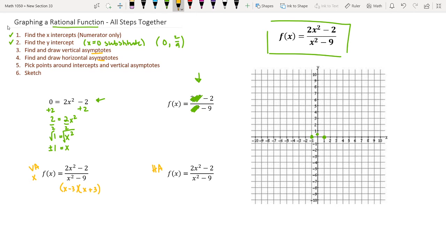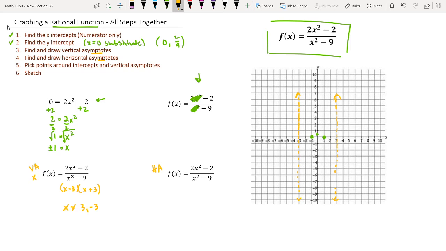I know I'm going to have asymptotes at x equals negative 3, with this dotted line, and at positive 3, where x cannot equal. It approaches but doesn't actually touch those.